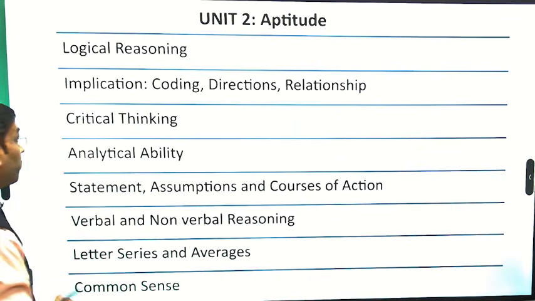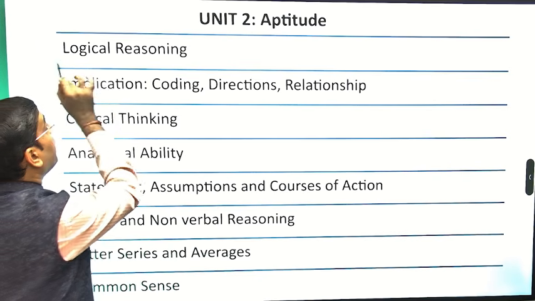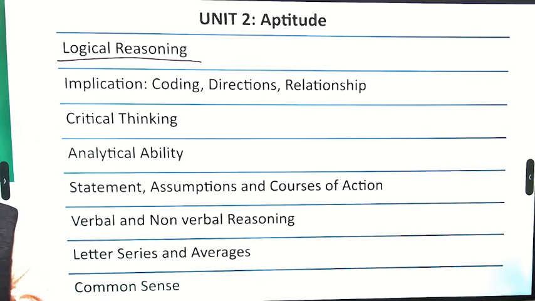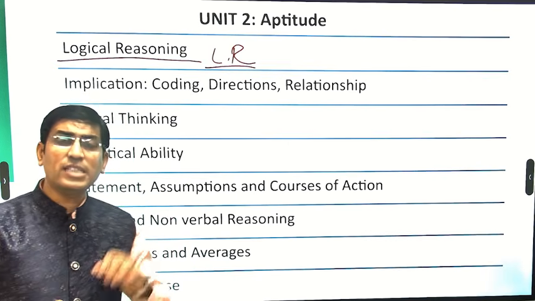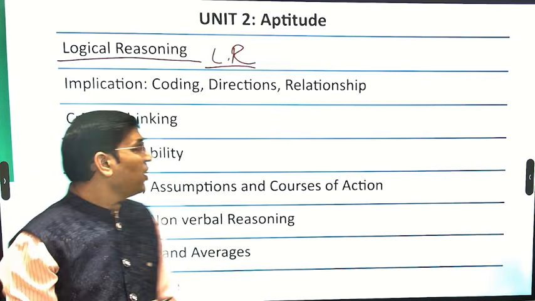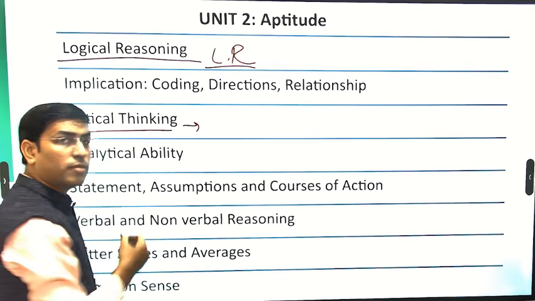Now the second topic. Second topic is our aptitude, and in aptitude specifically the things are there for the LR, logical reasoning, what could be the sequence, even apart from that critical thinking.